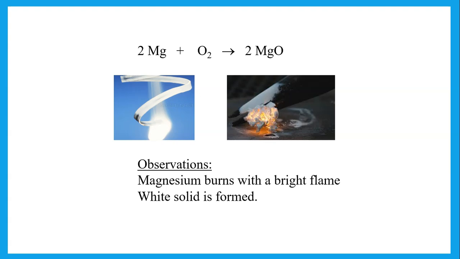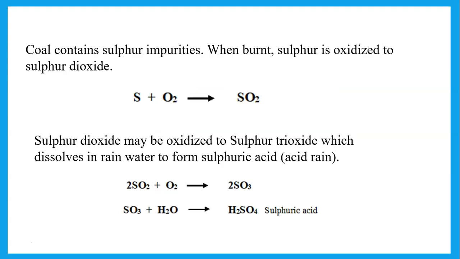And the magnesium oxide that is formed is a white solid. So these are the observations when we burn magnesium in oxygen. Sulfur also burns in oxygen, and remember that coal contains sulfur impurities, and sulfur is a nonmetal, but also when it burns, it forms the oxide, and this oxide is acidic.